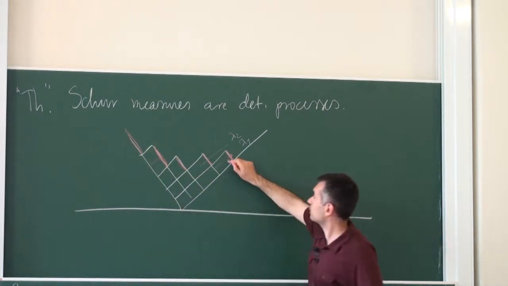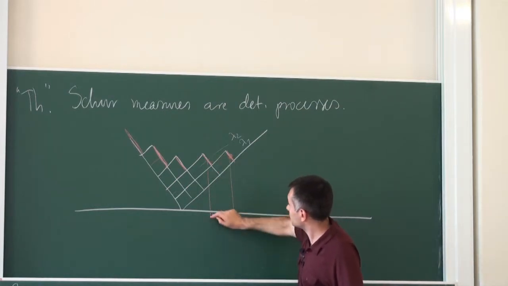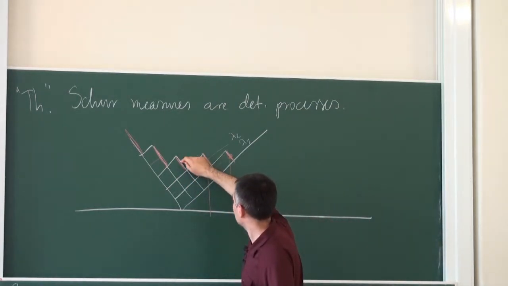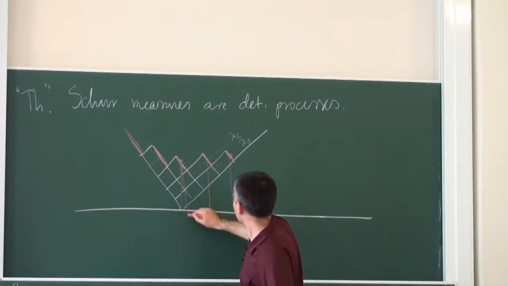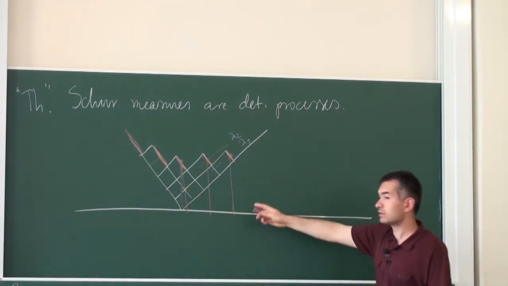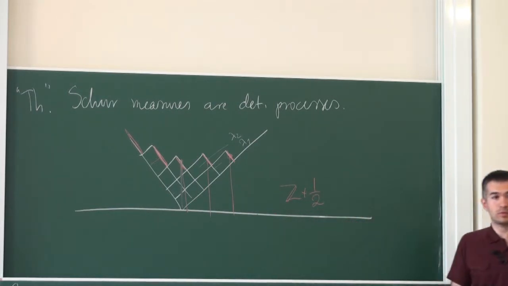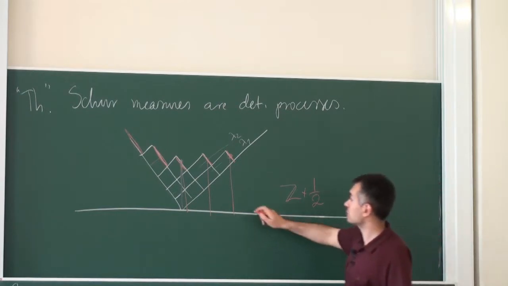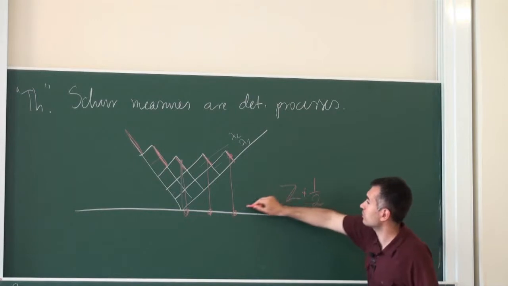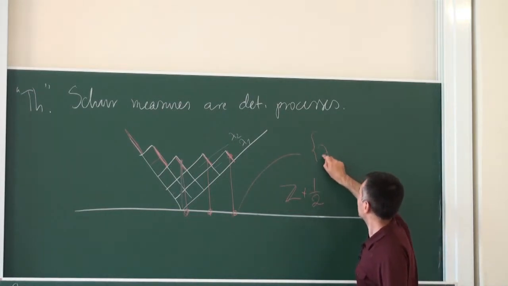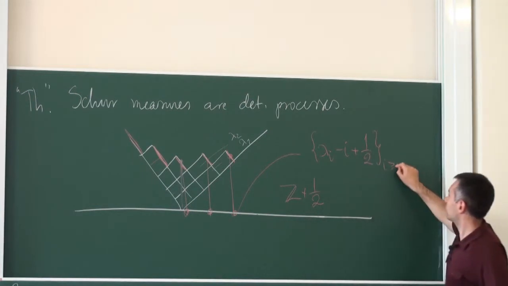I'm going to take the middle points of those segments and project them onto the lattice. Now the lattice that I'm using is actually half integers, Z plus half, if I'm taking the middles of the segments. And the set of these points, so the points that I get, are going to be given by this formula.